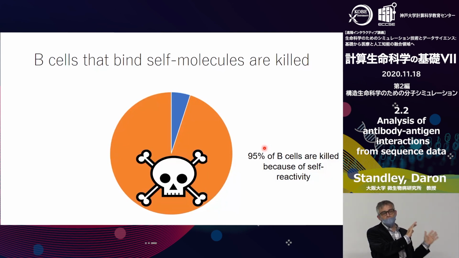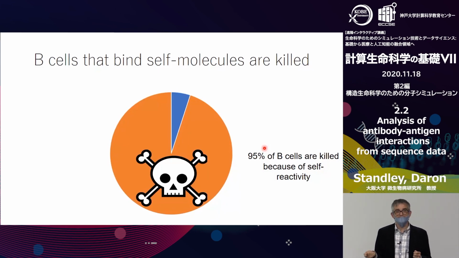The body is so inefficient that 95% or more of the B cells that it makes randomly get killed inside your bone marrow, inside your bones, because they fail a very important test, which is that the B cells should not bind to your own proteins. You shouldn't bind to human proteins if you're making antibodies.